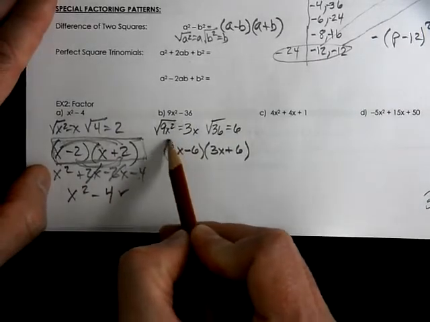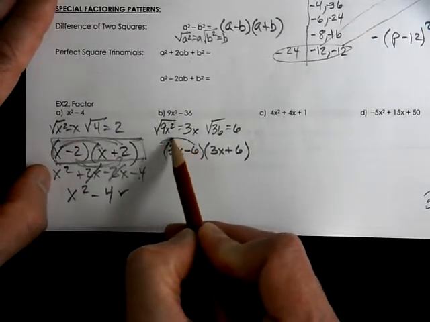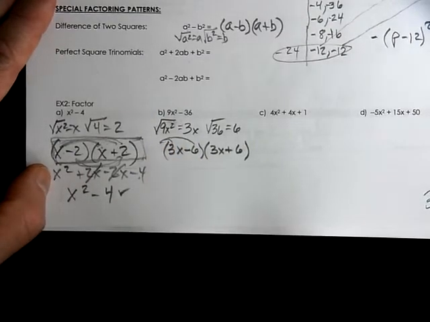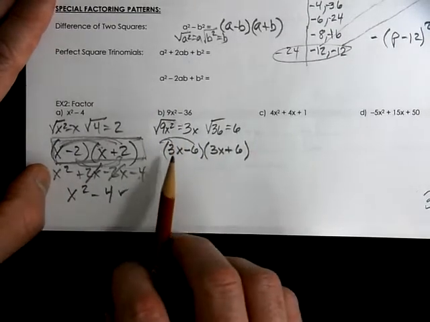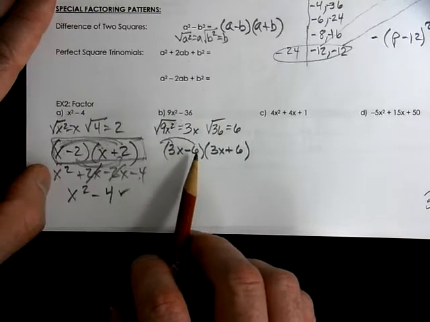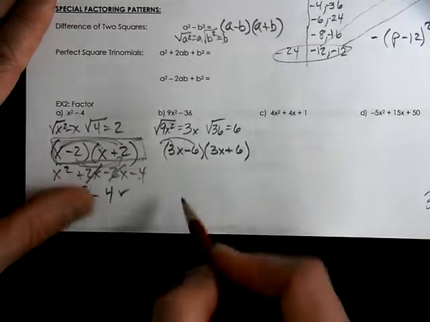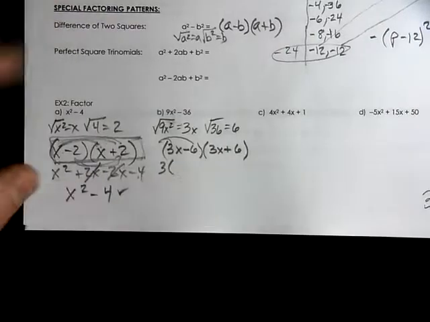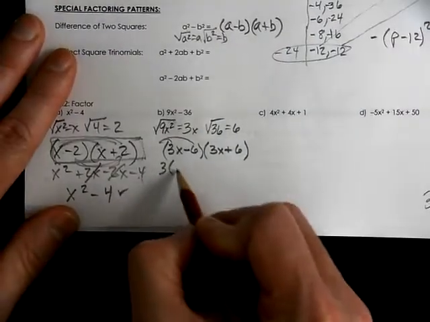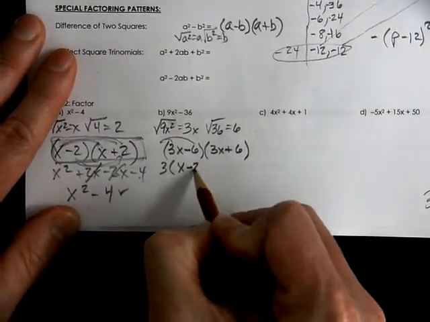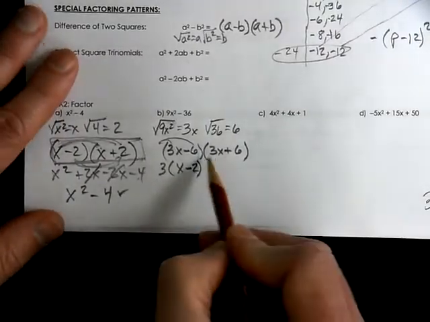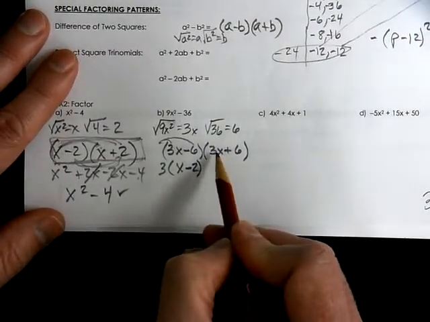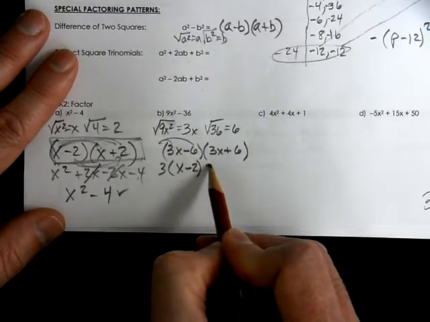So you need to pull out every factor that's available. If you look in here and you see 3 and you see 2 times 3, you have to pull that 3 out. So that's going to give us x minus 2. Now I'm going to pull another 3 out.